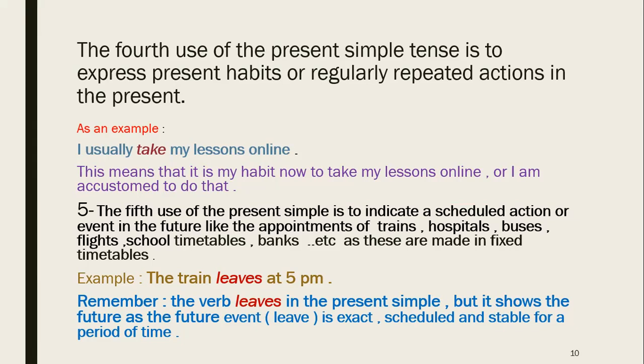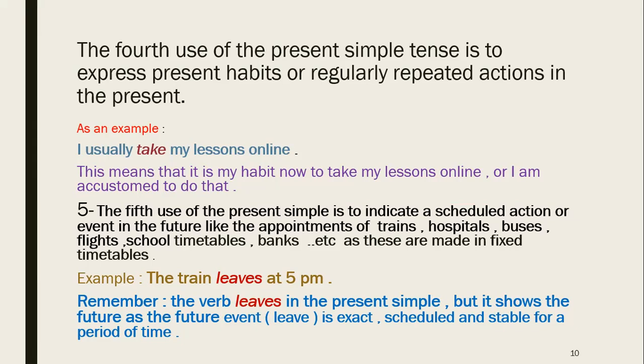How do we express these present habits? We use the present simple. And then we have also the present simple used to express the future. This is not expected? No, it is expected and it is known at the same time. Why? We use the present simple to indicate or to express the future under one condition.